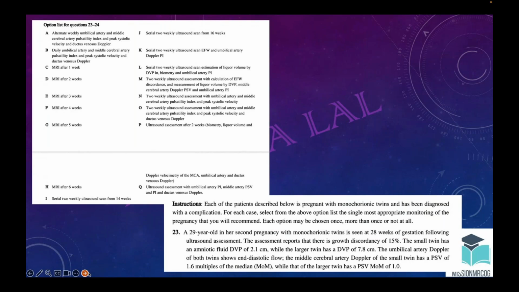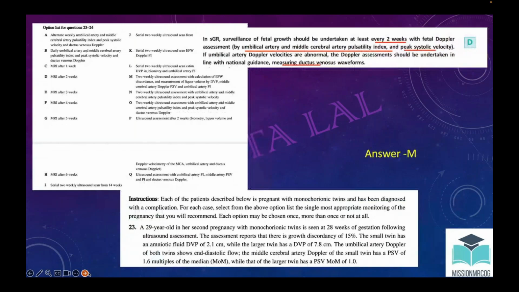MCA of small twin is 1.6, and the larger twin is 1. So the M is the answer.